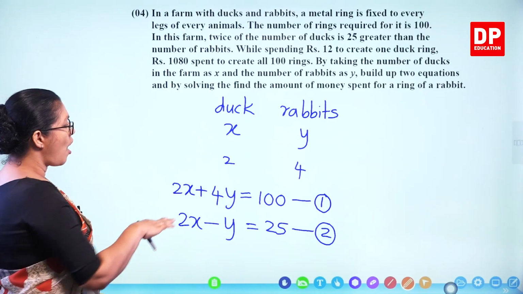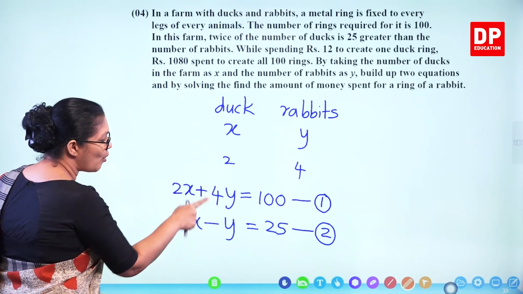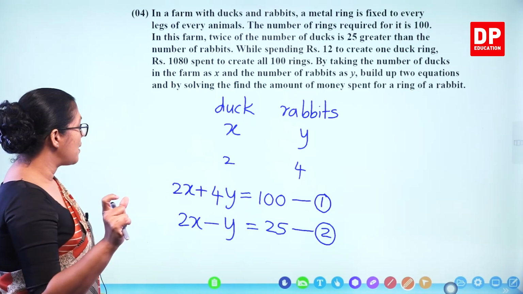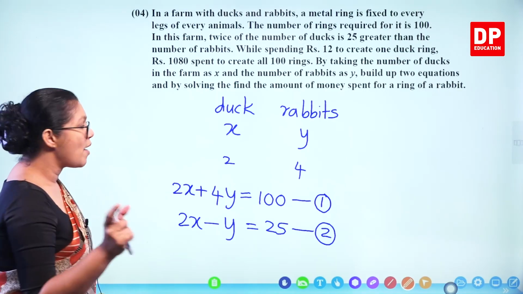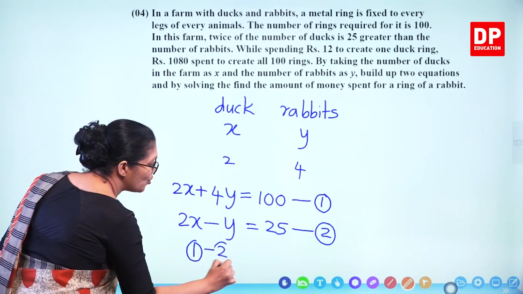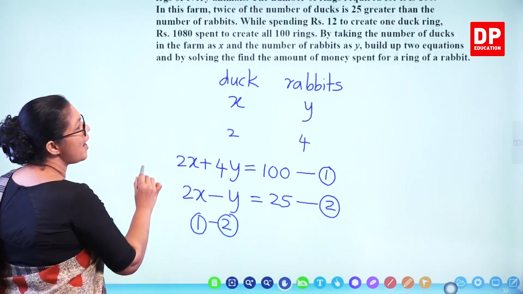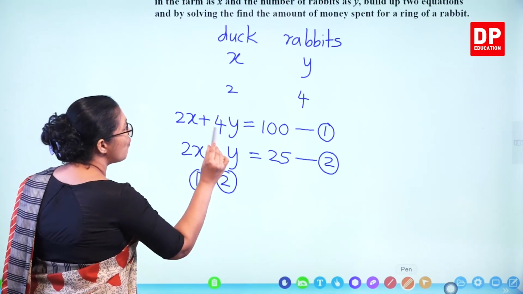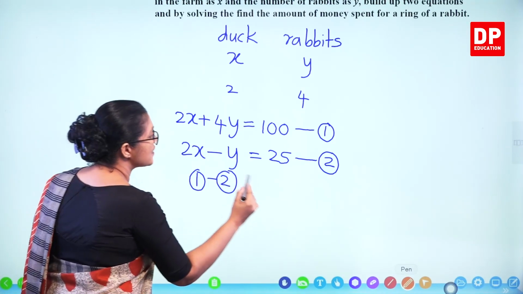Now how do we solve this? Look at the coefficients. Here same coefficient, both same sign. So you have to subtract the two equations. So 1 minus 2. When you subtract the two equations, you get 4y minus y.